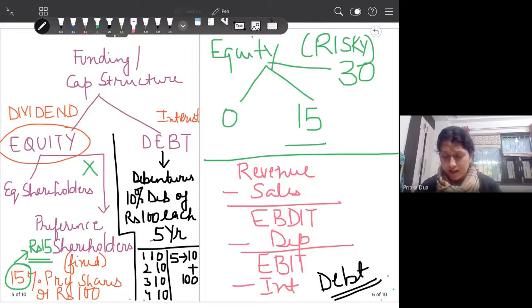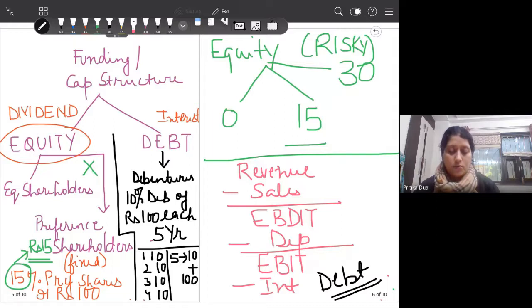No, no, 110. Okay, total amount. You mean the 5 times interest plus 100? Yes. In absolute value terms, it is 150. Okay, ma'am. Okay, yes, any other question?